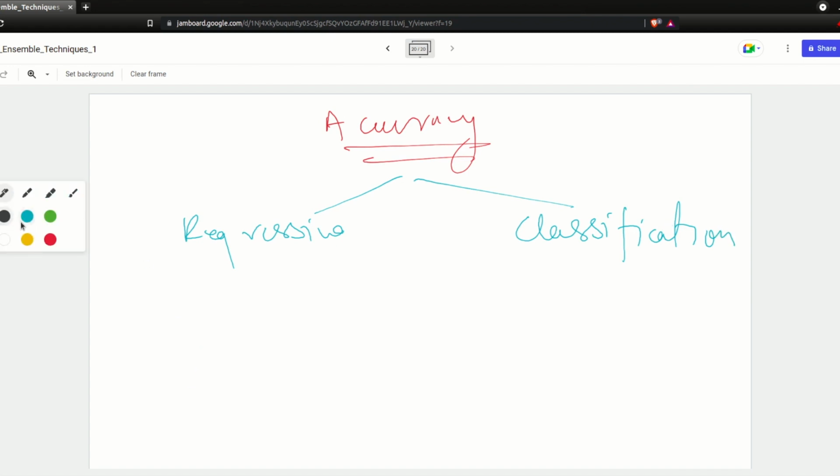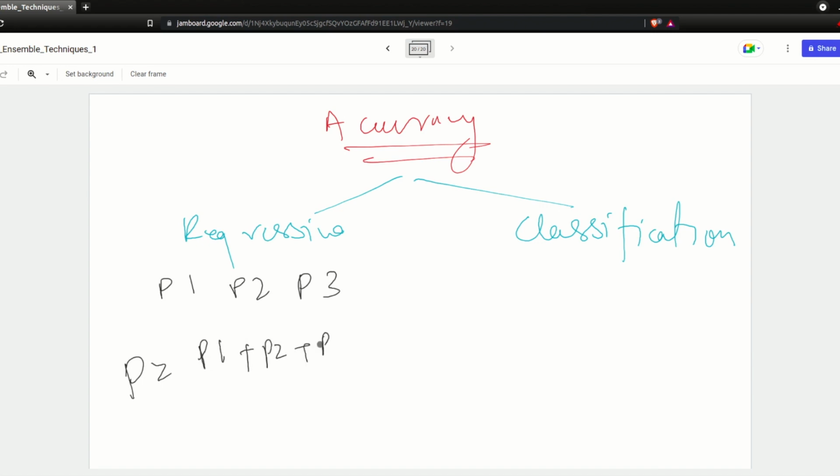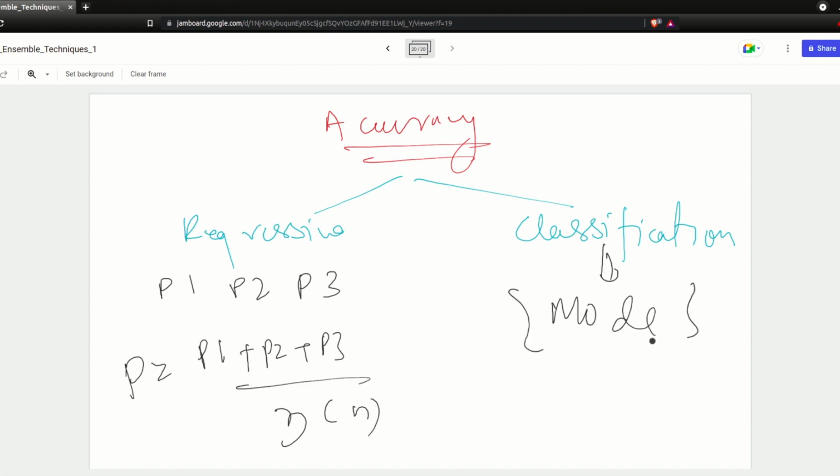If it is a regression problem and there are outputs P1, P2, P3 from different models, the final output will be P1 plus P2 plus P3 divided by 3, basically n, the number of models. For classification, we take the mode, meaning the maximum occurring frequency. And in the same way we calculate accuracy based on these outputs.